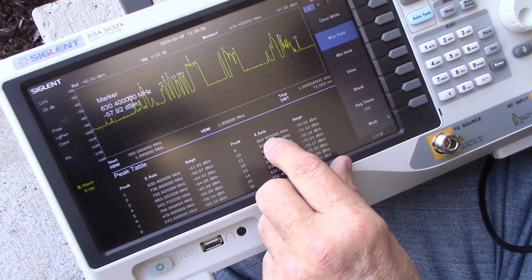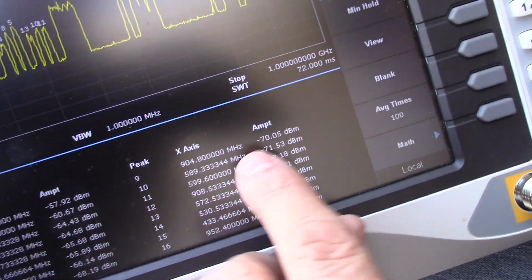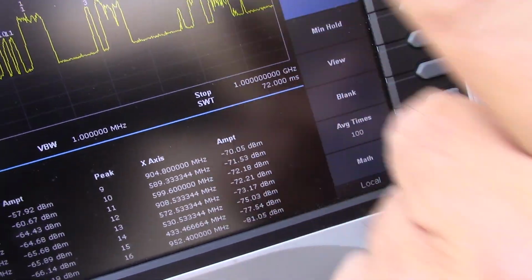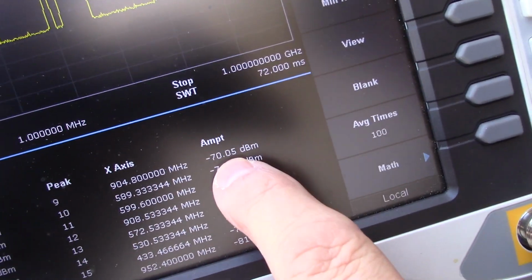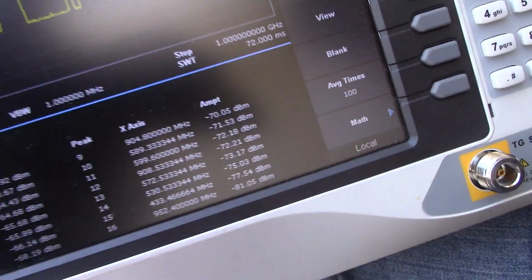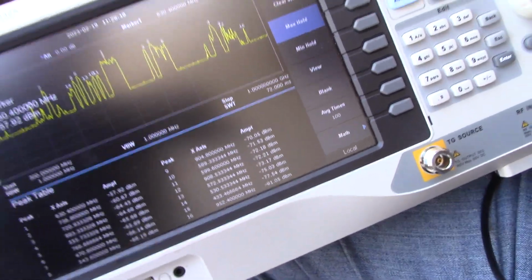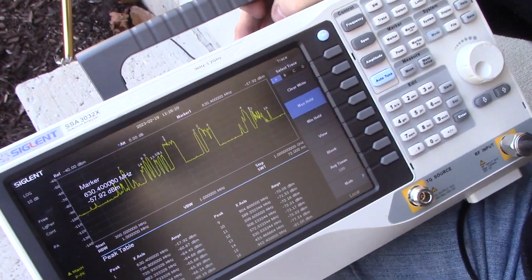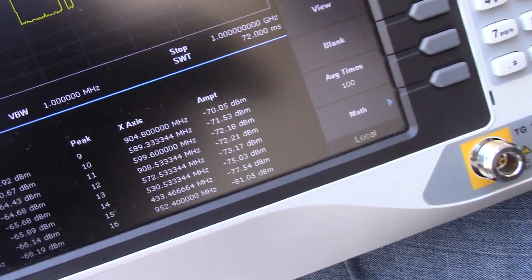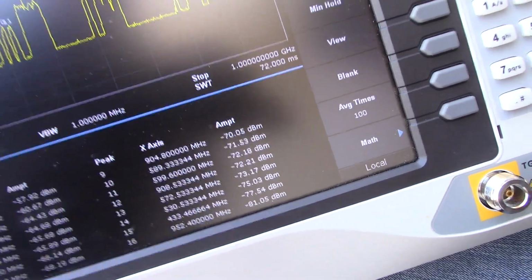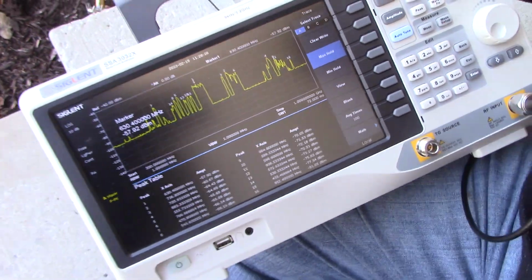We have a 904.8, the smart meter across the yard at the house next door, and that's minus 70.05 dBm. Yeah, and that's got a cover on it too, so it's still going through the cover. Absolutely. The cover is helpful, but not that effective. It wasn't really that powerful, but it's further away. You can put an Iron Maiden on there, you'll get nothing.